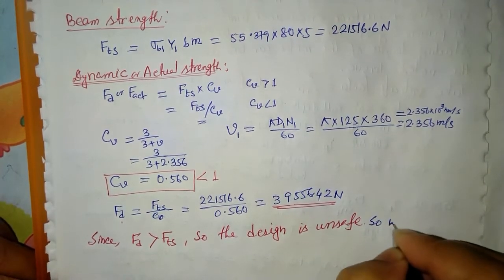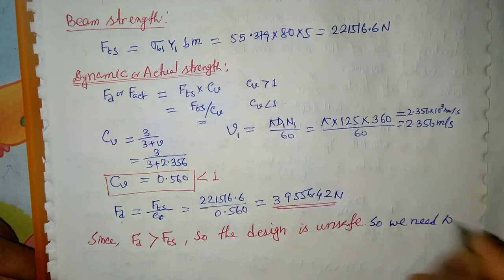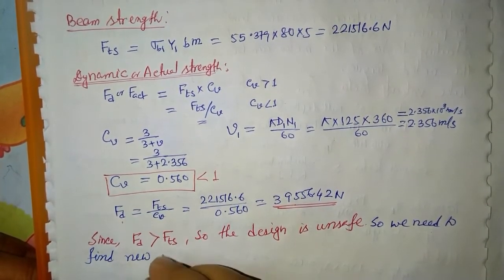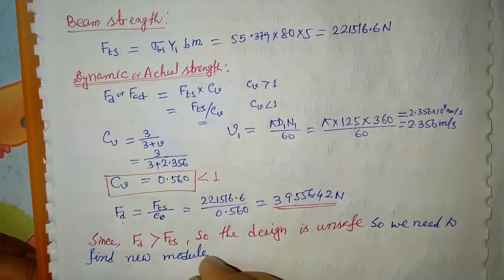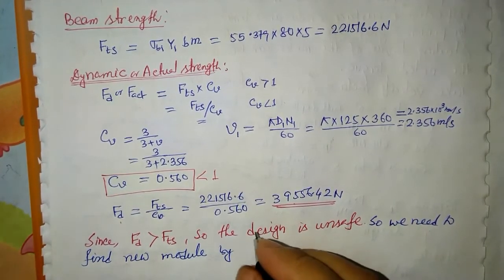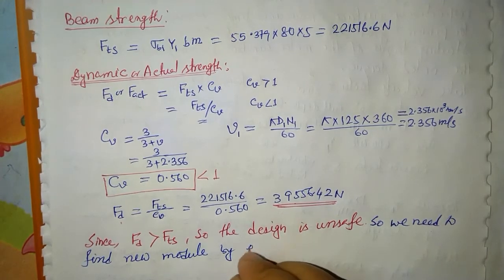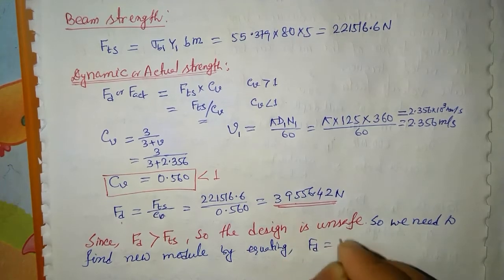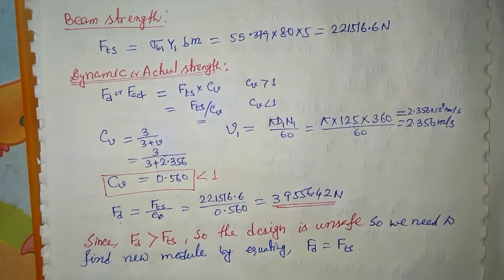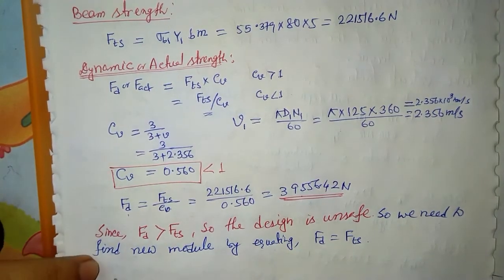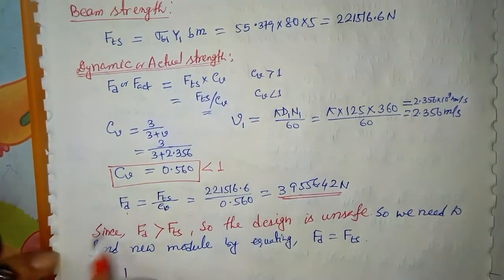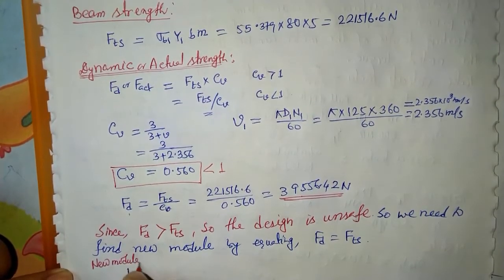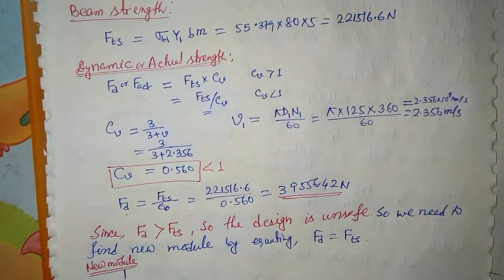So we need to find new module by equating f of d is equal to f of ts. Okay, so let's see that new module. How to find?